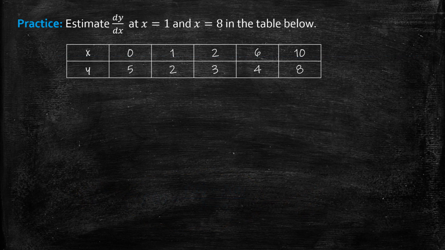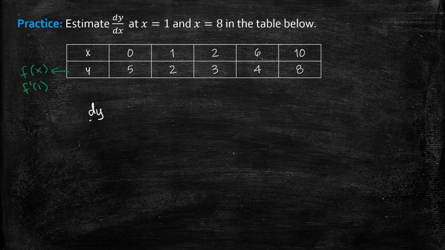So we're going to practice using that formula one more time, but I've changed up some notation here. So this table is generic. There's no context here. So we're just estimating derivative values. In the previous example, we used function notation. Now, the nice thing about function notation, if you want to find the derivative at 1, you would just write f prime 1. But we don't have function notation, so you have to learn another way to do this.